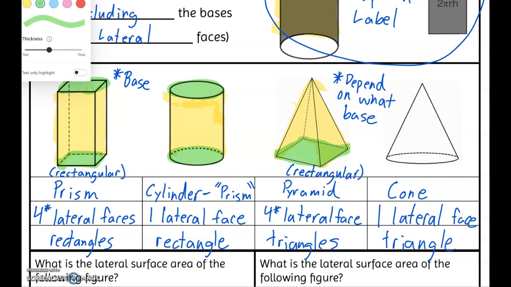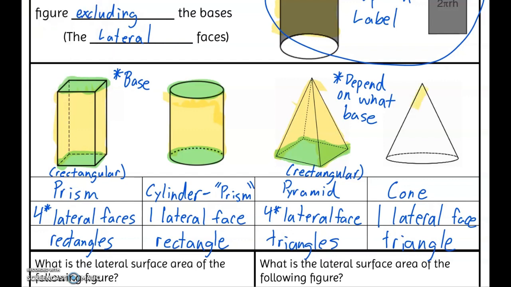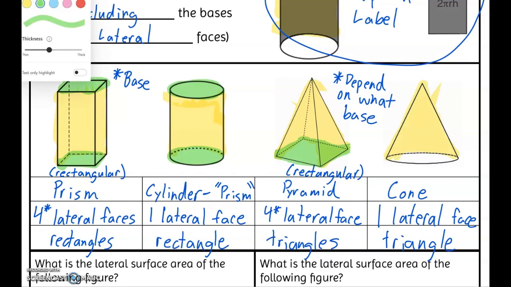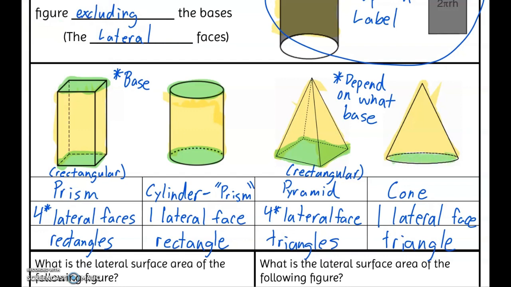So here we're going to highlight my lateral surface, or my lateral face. It's all of this right here. And then here we're going to highlight the base. It is that circle down there at the bottom. Okay, so those right there are my lateral faces of the different shapes that I have.